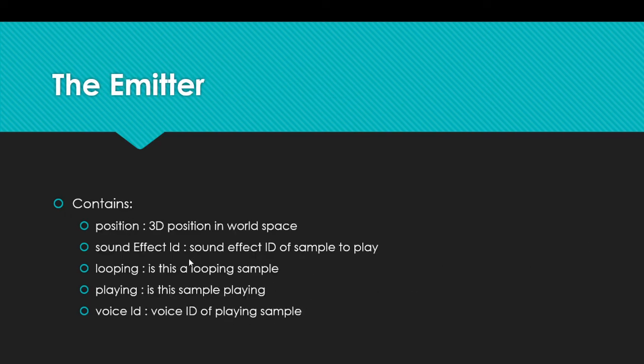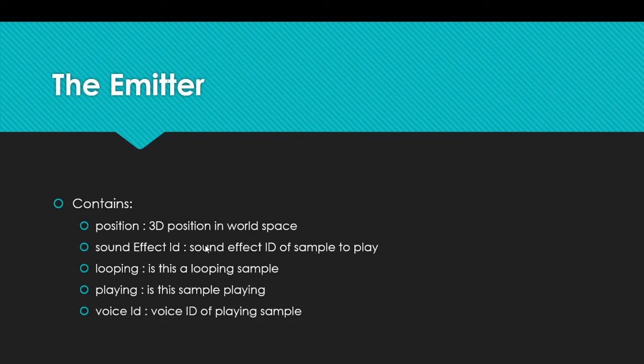So the first object we're creating, I guess, is the emitter. If you think about what an emitter requires, it requires a position, which is something that your sound sample, when it was playing, didn't require. But because we're going to be calculating this in 3D space, we need to give the emitter a position. Just like you did before, it's going to have a sound effect ID, which you get from loading the sample in.